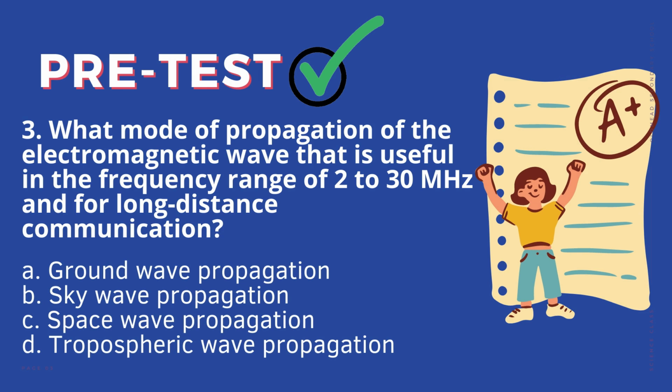What mode of propagation of the electromagnetic wave is useful in the frequency range of 2 to 30 MHz and for long distance communication? A. Ground wave propagation. B. Sky wave propagation. C. Space wave propagation. D. Tropospheric wave propagation.